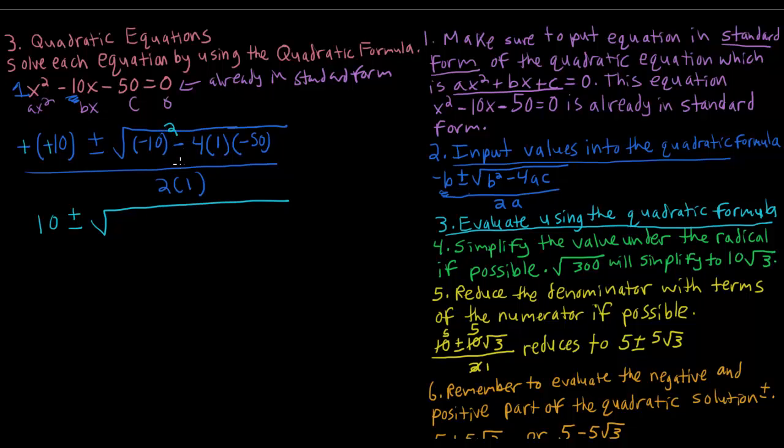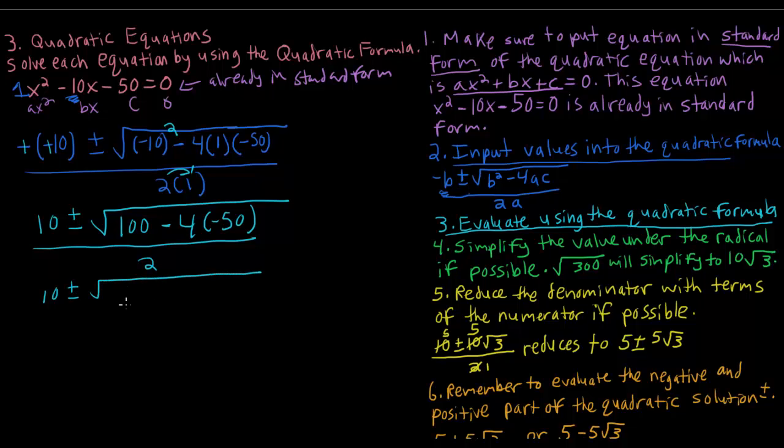And negative 10 squared is going to be positive 100 minus 4 times 1, which is just negative 4, times negative 50. And then 2 times 1 here is just 2.